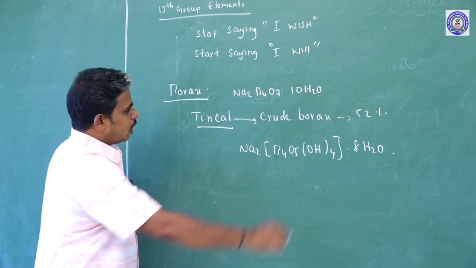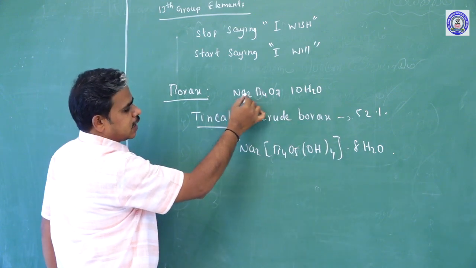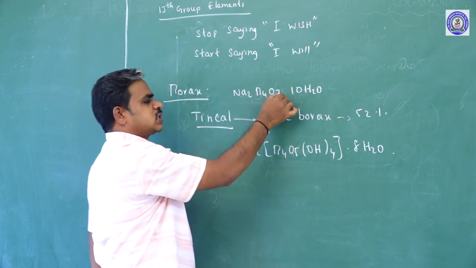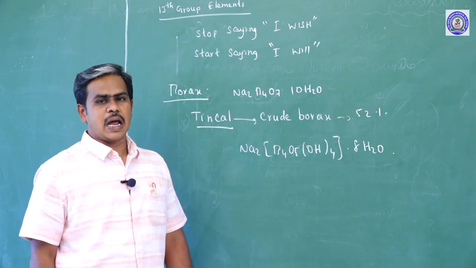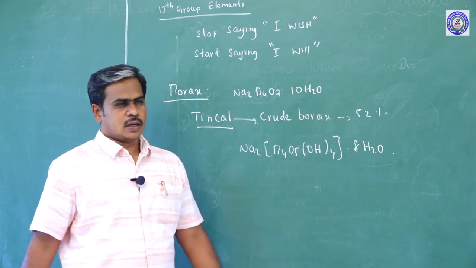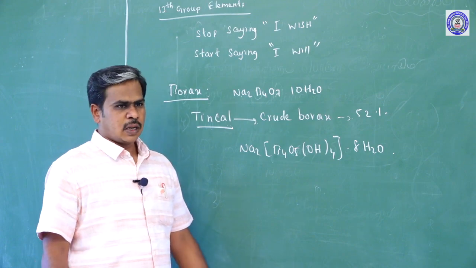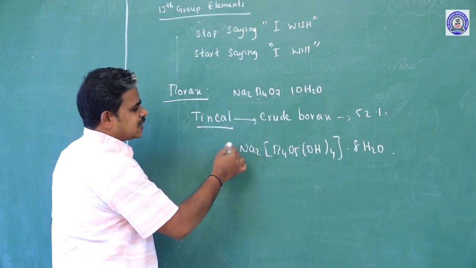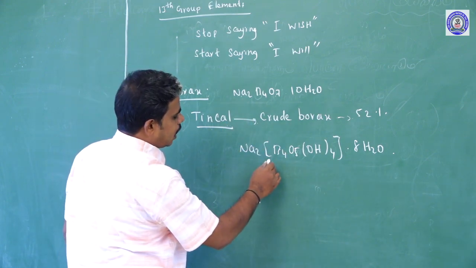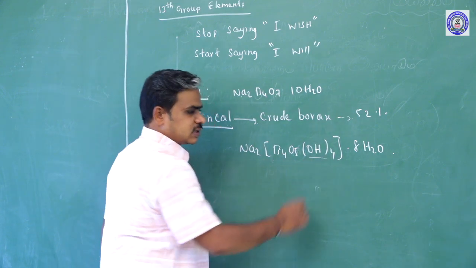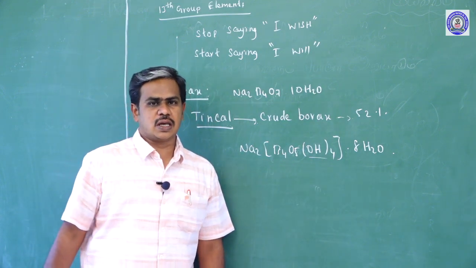So generally borax is Na2B4O7 decahydrate, deca means 10. But it is considered as tetranuclear units.